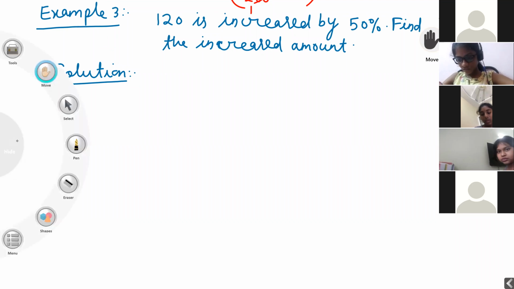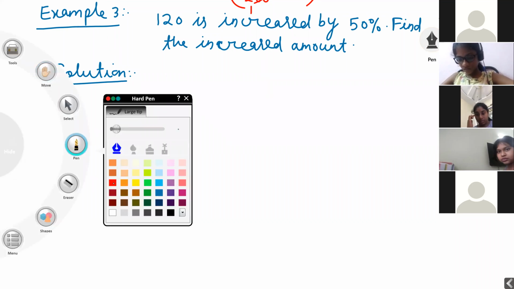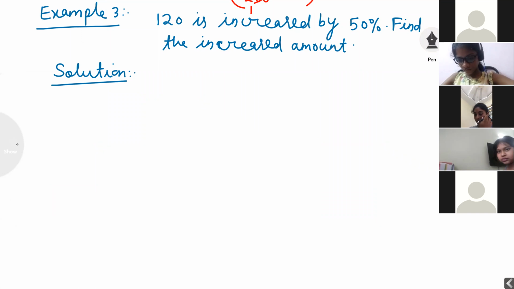The question I have given: 120 is increased by 50%. Find the increased amount.